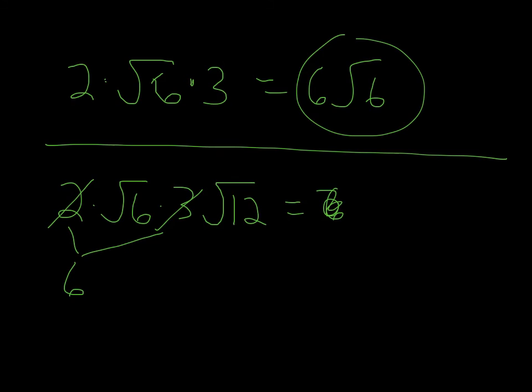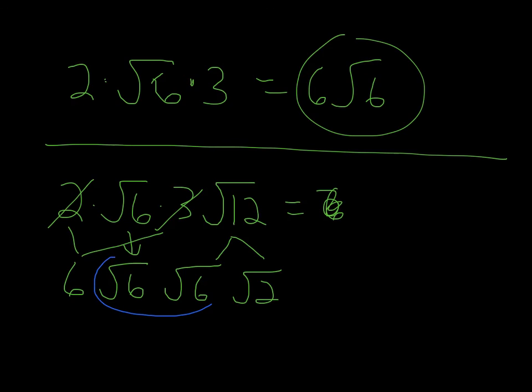I could do 6 times 12 is 72, and write square root of 72, but I notice 12 can be broken down where it has a square root of 6. I could have done 4 and 3, but in this case I see a 6 as a factor of square root of 12. And now I notice when I have the square root of 6 and square root of 6, that number becomes 6. I'll take my first 6, bring it down, my square root of 2, bring it down, and I'll get 36 square root of 2.